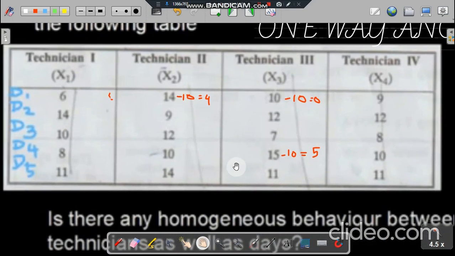For the first technician, the first day's output is 6, and the 5th day's output is 11. For the third technician, 7 is the output for the third day, and for technician 4, 10 is the output for the 4th day. So like that the problem is given to us.